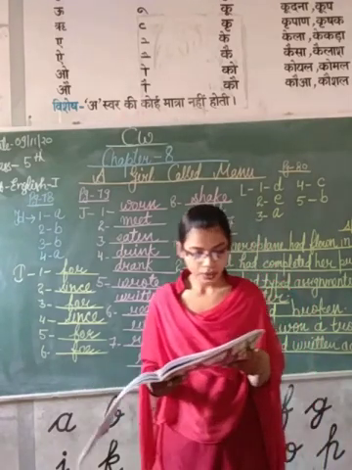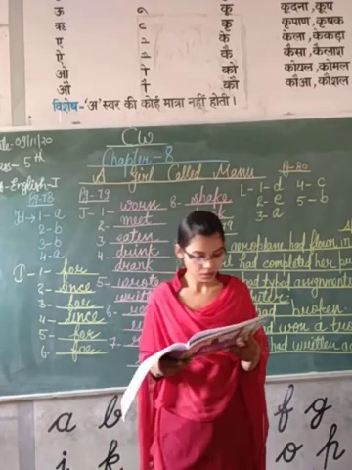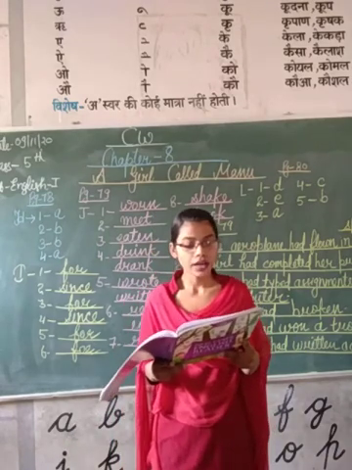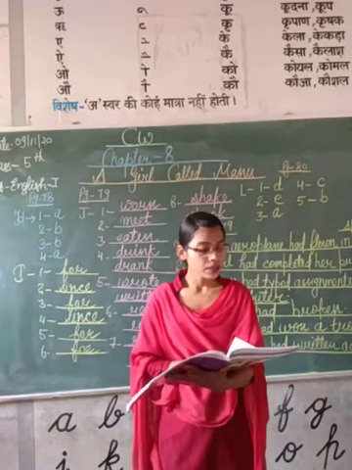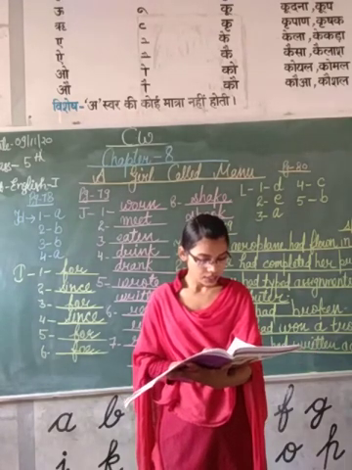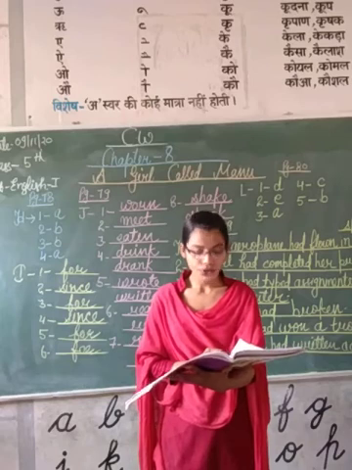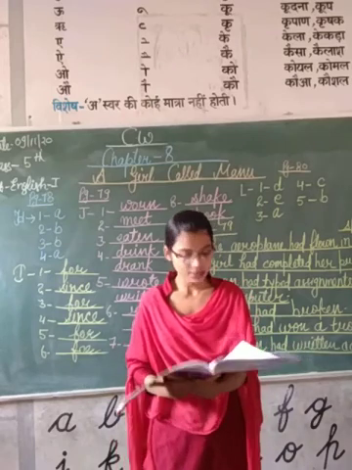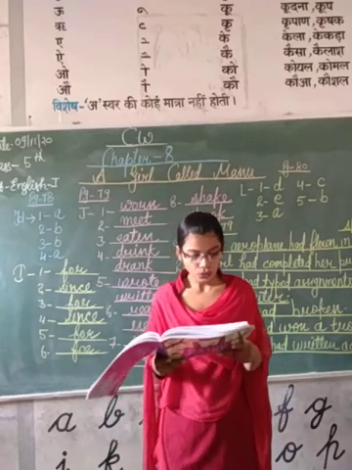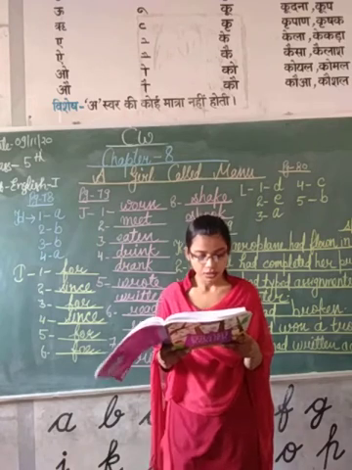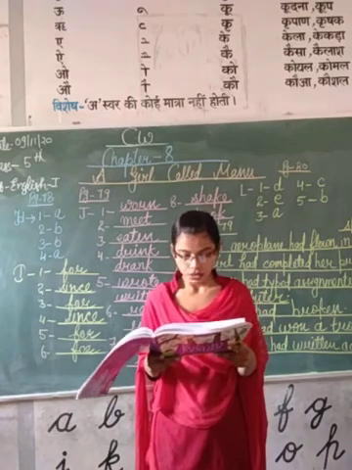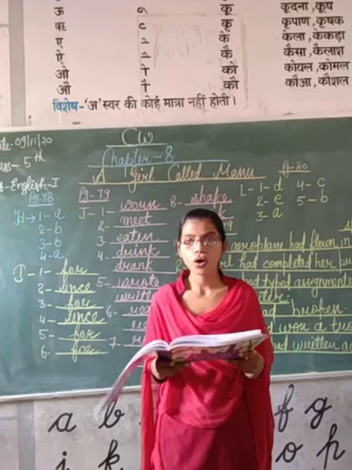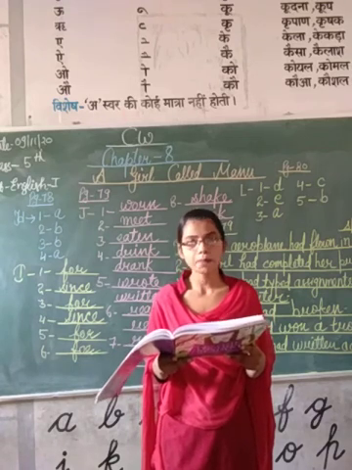Next is about the past participle. So till now we have read about simple past tense, past continuous tense, about since and for, and now we move to past participle. So what is past participle? The past participle form of the verb is used to show an action already completed in the past.